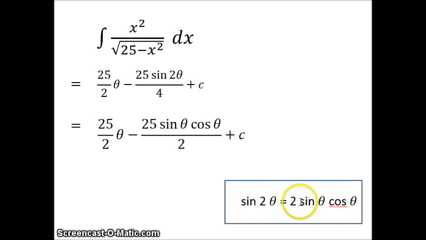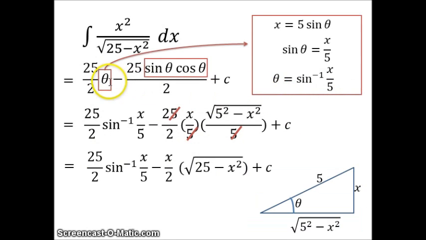This is a double angle formula. So bringing 2 sine theta cos theta into this equation, you get 25 sine theta cos theta over 2, since it's 2 over 4. And now that we have gotten rid of the double angle, we can finally find our way back to getting everything in terms of x.